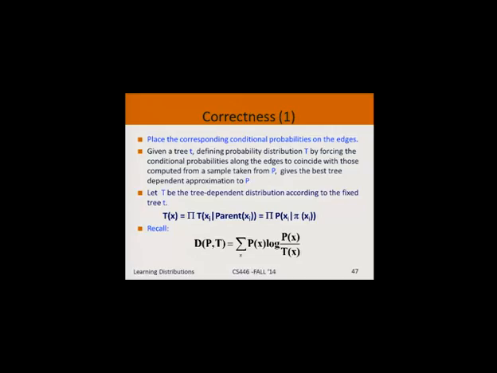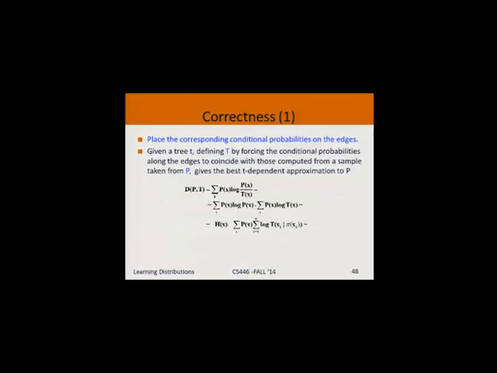So T of X is this. And I'm going to measure the distance between T and P using the KL divergence, which I'm going to rewrite here. So I can write the KL divergence between P and T as this. Just opening it, it is P log P minus P of X log T of X.